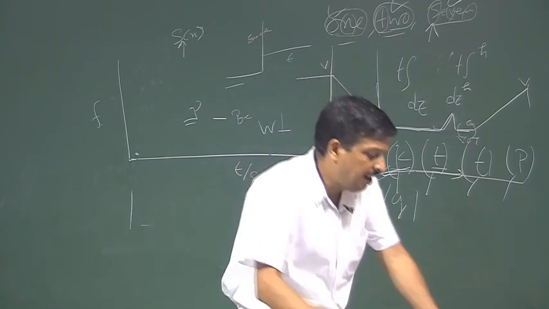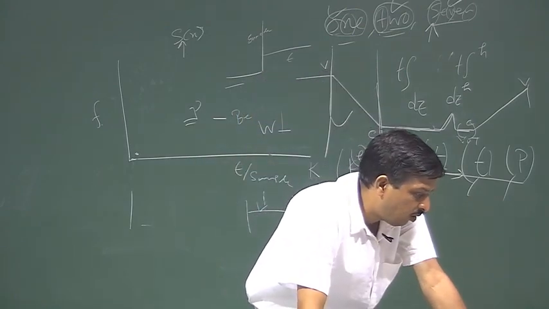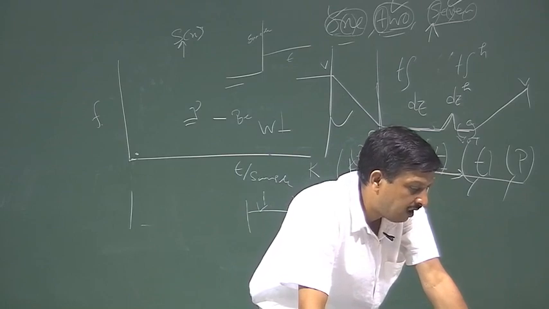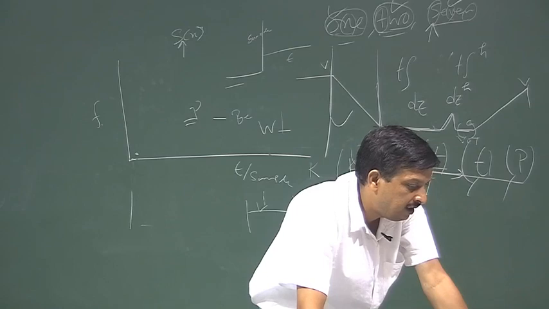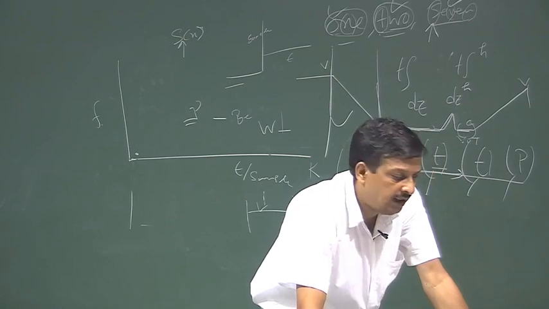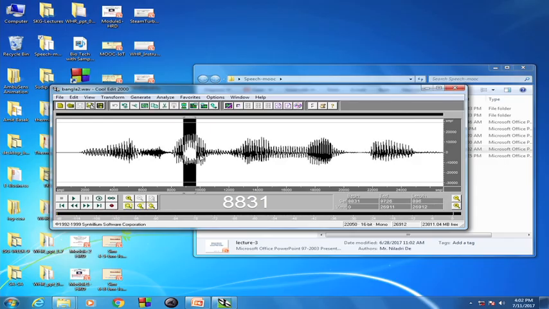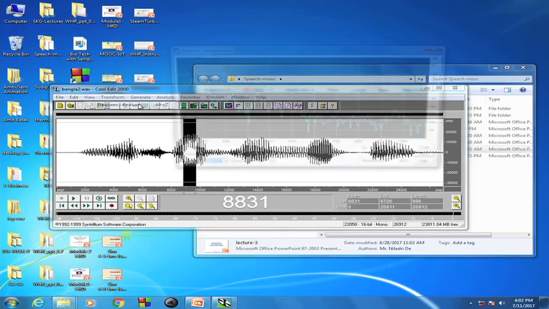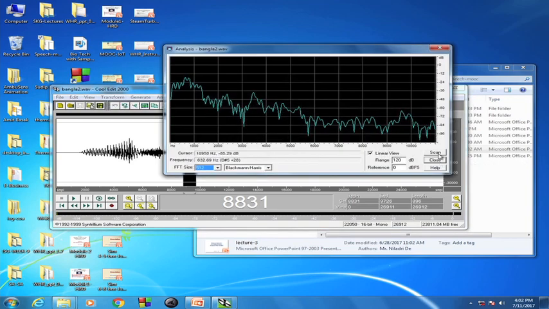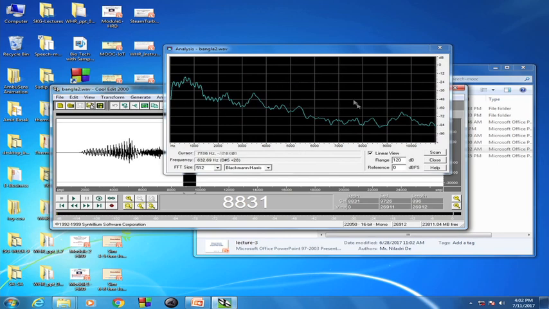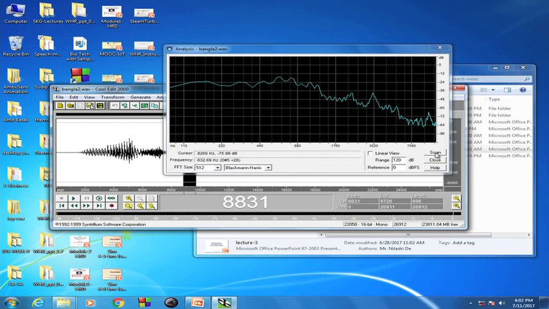Okay. Another thing: I have just closed it, so again I open it. I can show you how to see the pitch, the fundamental frequency. Let us see here. This is the vocalic region; detailed signal processing I will discuss. If you analyze the frequency, this is the frequency analysis. Instead of a linear view, I can make it a log view.